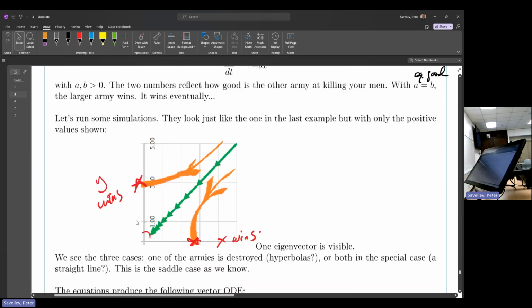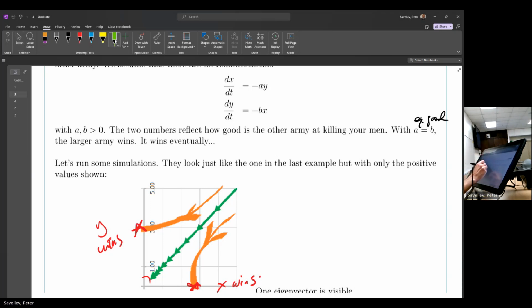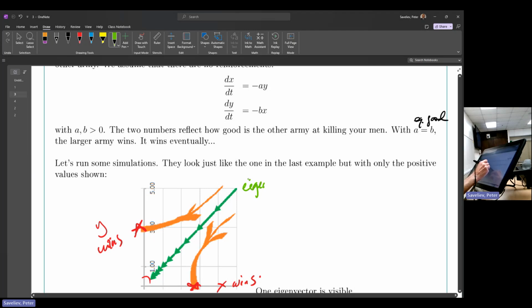So these are the simulations. You can already guess that this is an eigenvector or eigenspace. That green line is the eigenspace, right? So we can easily find it by our linear analysis. What's the matrix for the system?